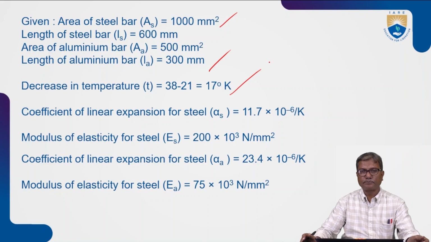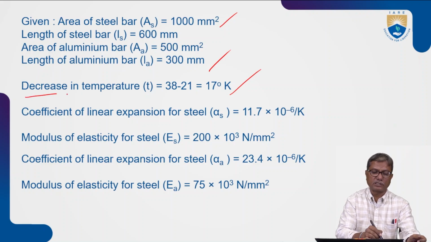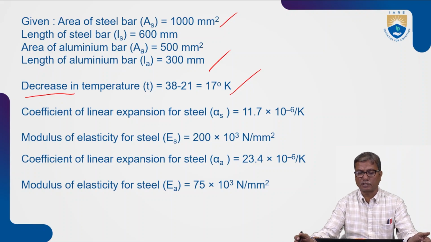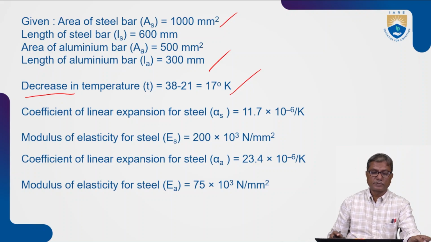Temperature change: here it is decrease, not increase. So it will be subjected to contraction, which causes the supports to come nearer. When it does not cause any yielding of supports, what will be the stress? And when it causes yielding of supports by 0.1 mm, what will be the stresses?